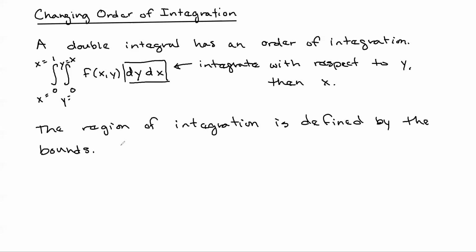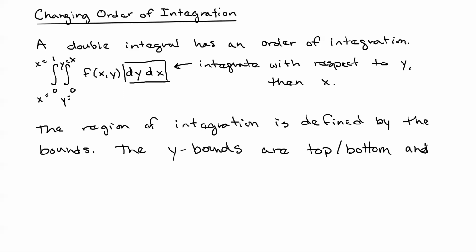So the y bounds are the top and bottom, and the x bounds are the right and left. So in this case, we have the top of the object is defined by y equals x and the bottom by y equals 0.